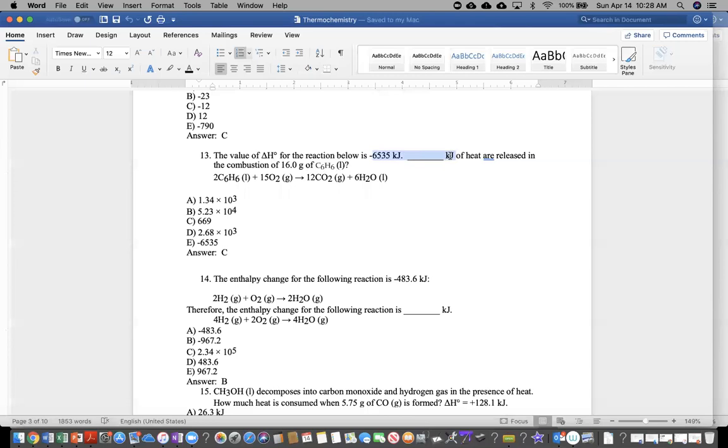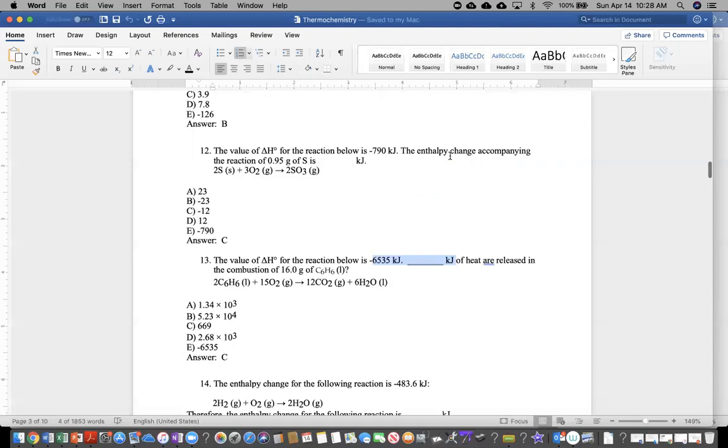Remember I said in class that there are 3 methods from which you can find delta H, and all of them will be on the test. This is one of them. We're going to be learning that tomorrow, Monday, in the lecture. We're going to learn how to find the enthalpy change using Hess's law. So if you want to study that beforehand, that'll be great. But we'll be covering that tomorrow.